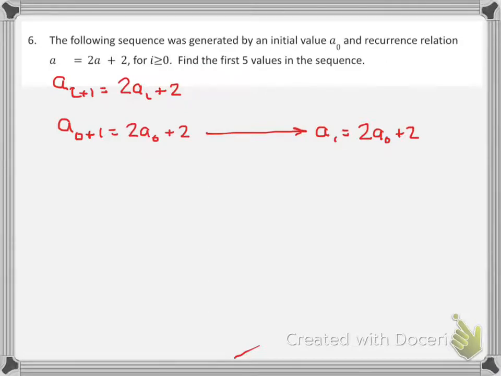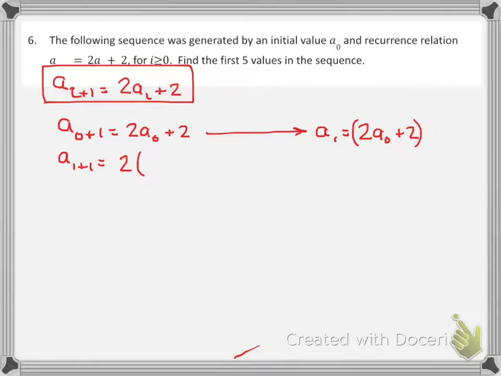And now each successive round, we're going to go back to our original recursive relationship, and we're going to use our last result, a sub 1 in this case, to further the pattern. So a sub I is really my last result, so that's a sub 1 plus 1 equals 2 times a sub I, which is our last result. Well, our last result is this.